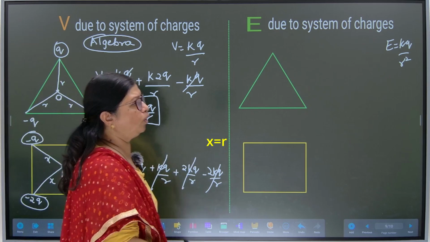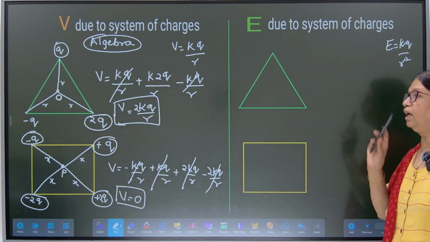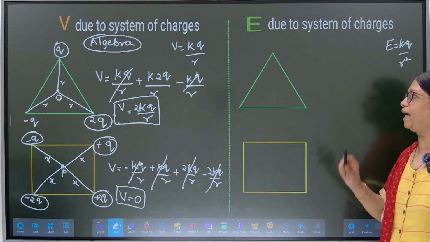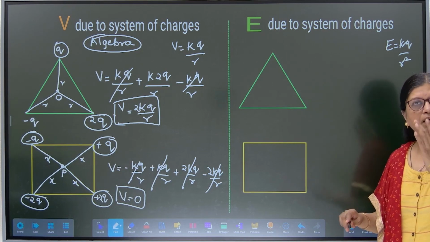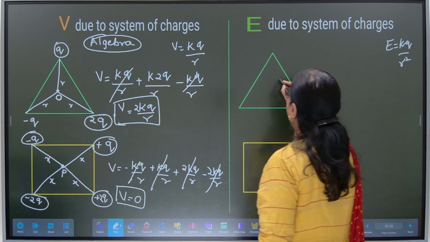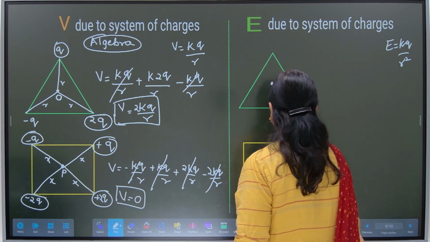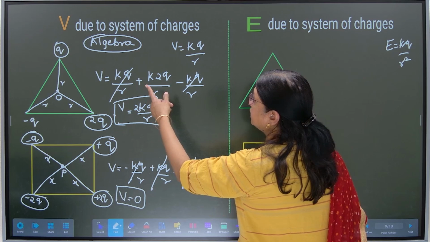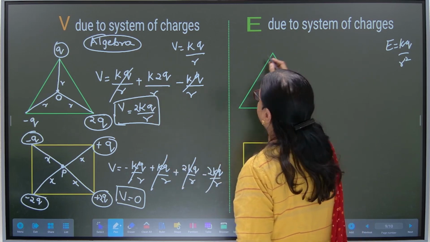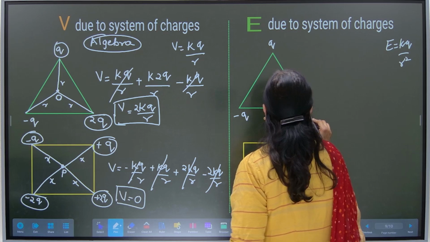Now let me go to the same type of question in which I am asked to find out the electric field at the point O and at the point P with the same configuration, q, minus q, negative q, and 2q.